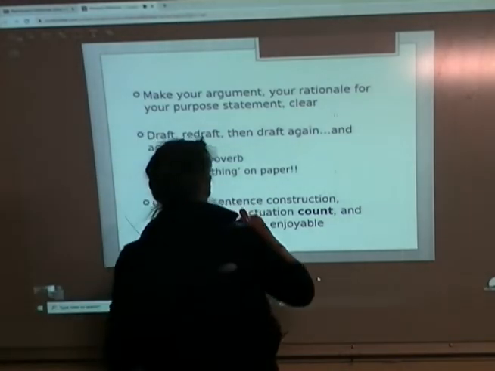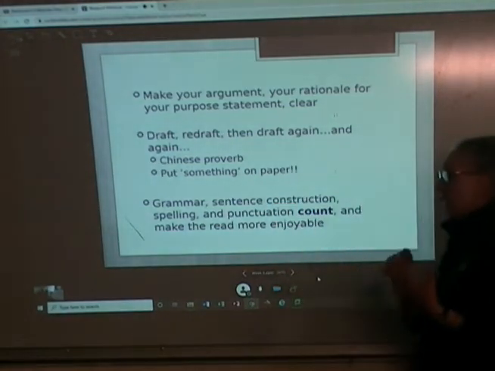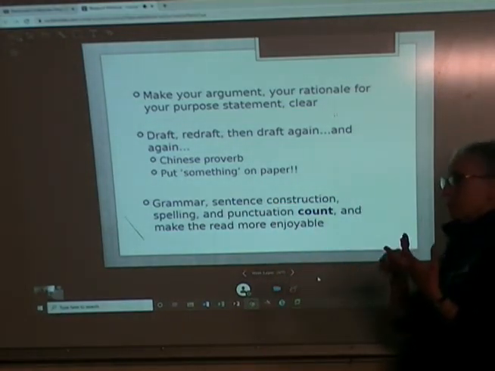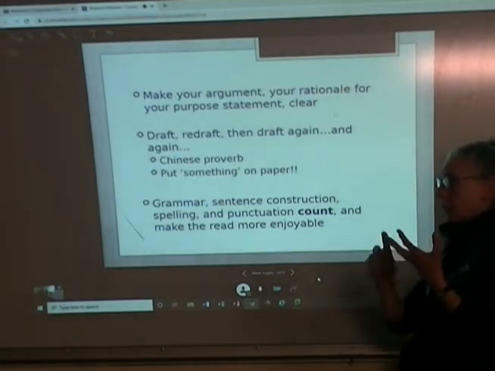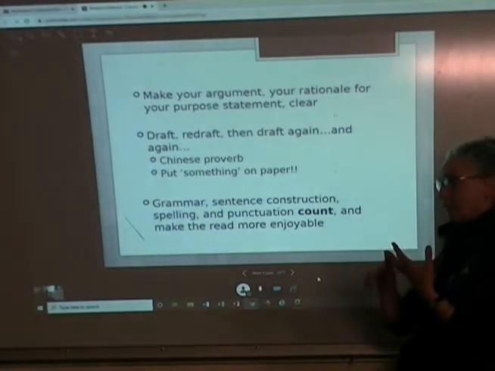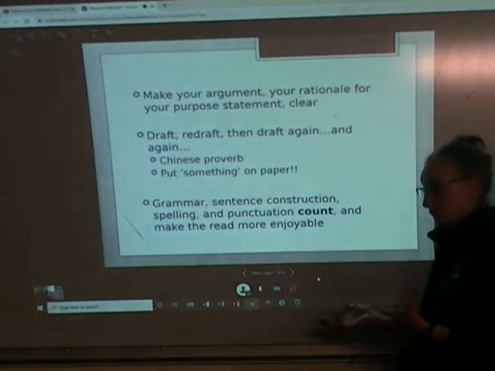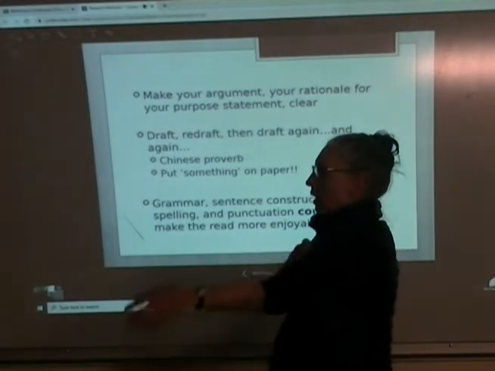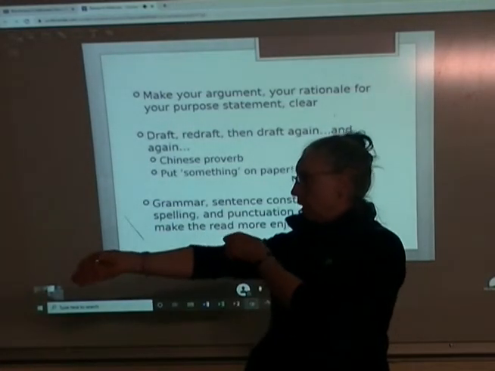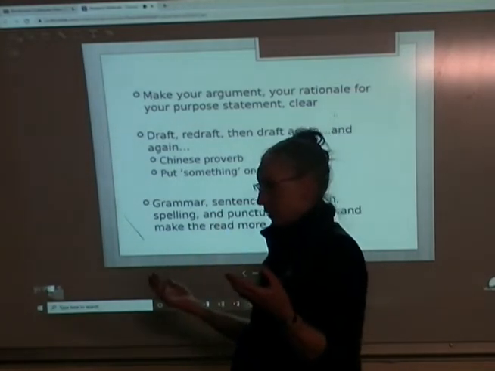So just try to get something on paper. Expect to not be perfect, right? It takes practice and it takes many drafts to hand in something that's really, really good. The articles that you are reading in the journals have been through the same process.